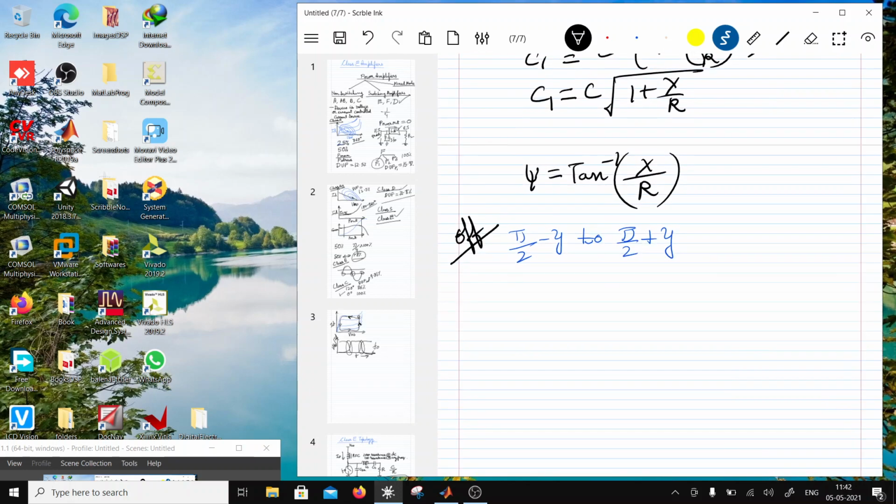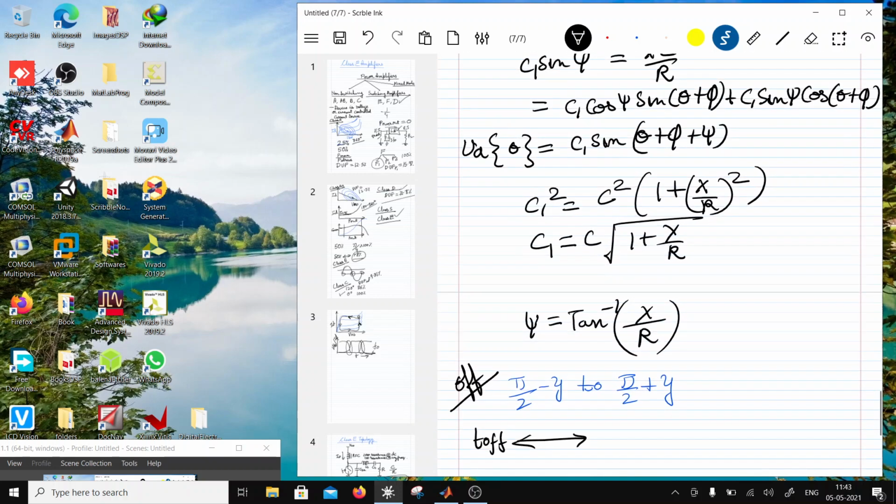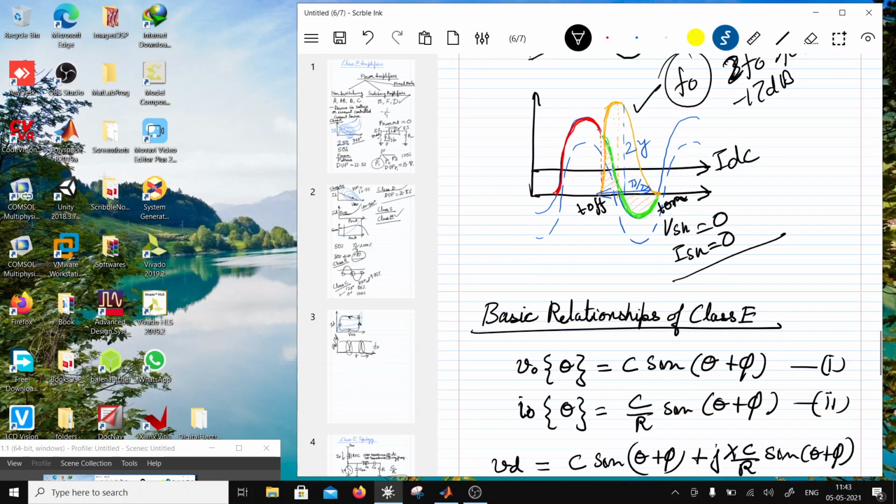And what is this phi? So from T off up to a point of zero crossing of the sine wave, right? So the sine wave is over here. So basically this duration between the output waveform, so this dotted one is the output waveform, right?